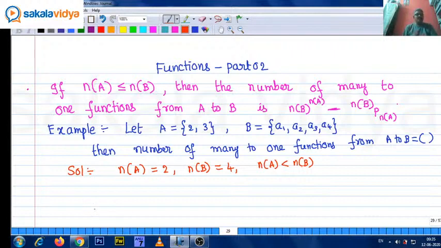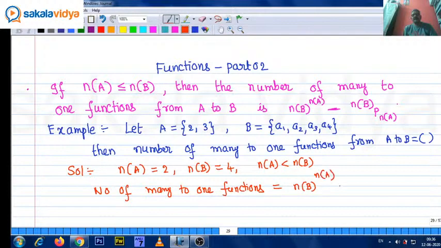So the number of many-to-one functions is equal to n(B) to the power n(A) minus n(B)P n(A).